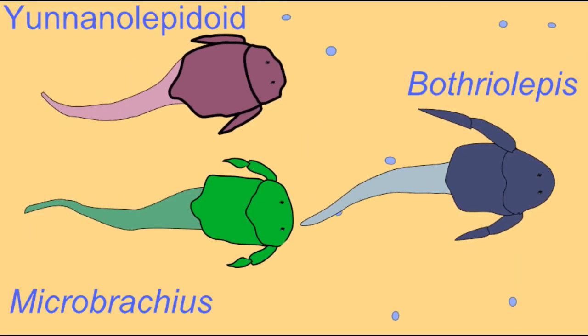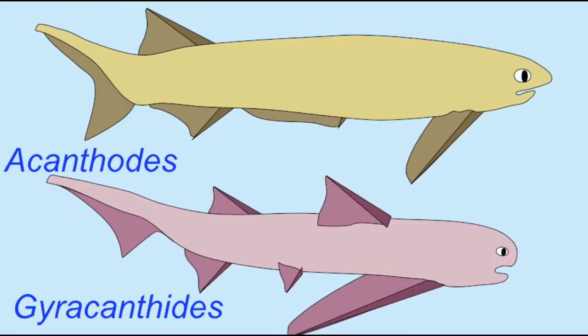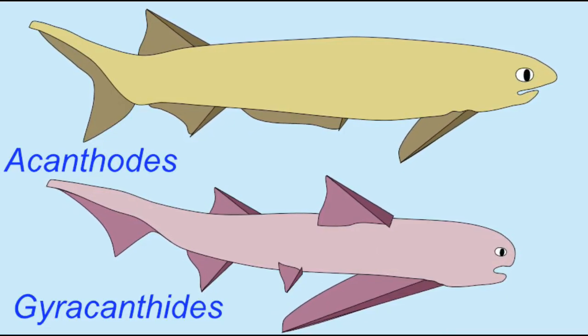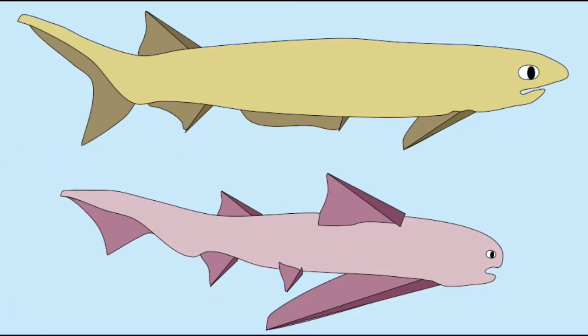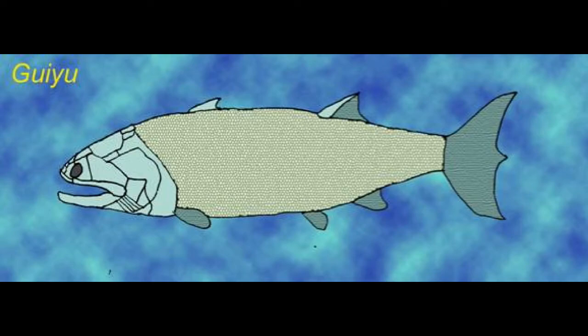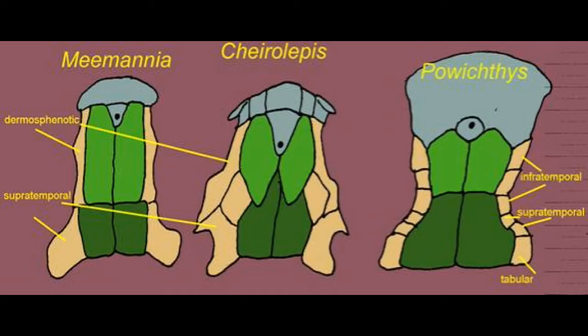Dermal bone in the skull was significant, but these big plates are not homologous to the bones which are present in the skulls of humans or the modern osteichthyans, the name for the bony fish, the amphibians, the reptiles, birds, and mammals.